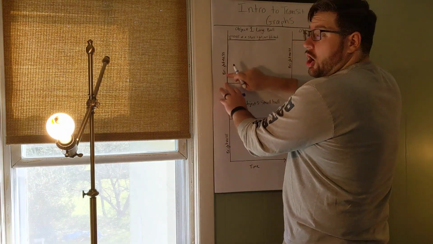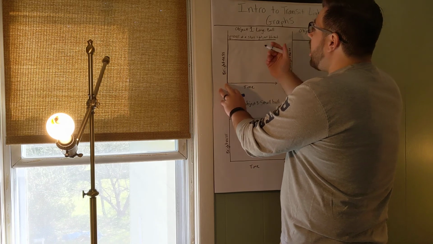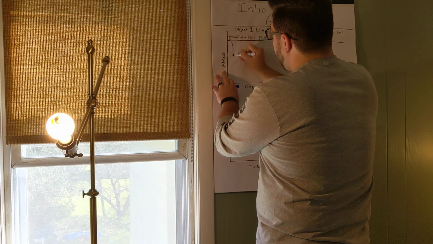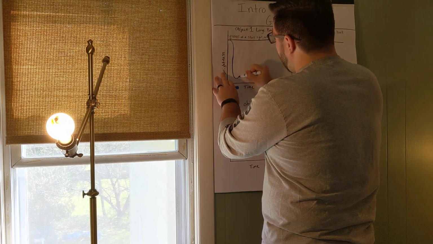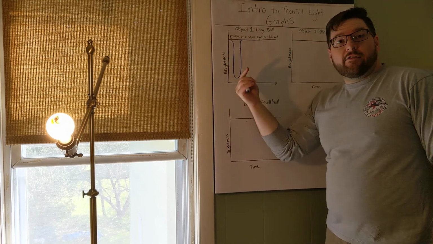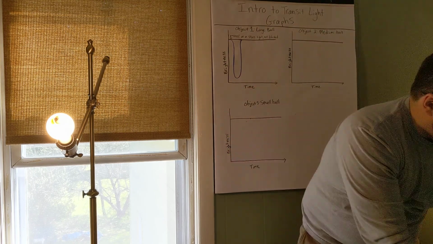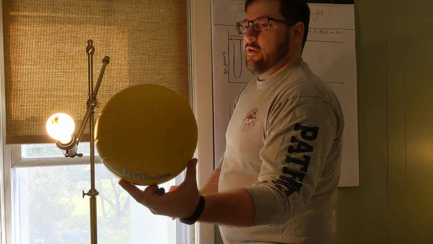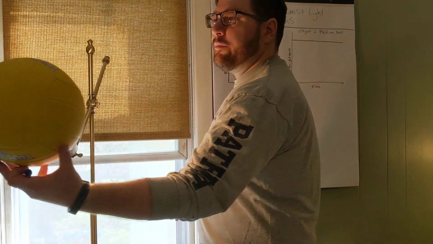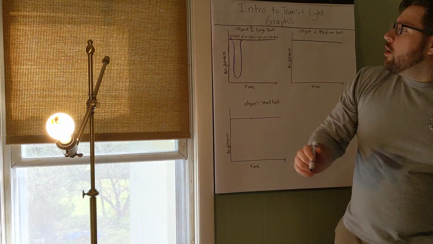If it's a really large planet, it's going to be blocking more light. You would see a dip that goes down really far and then comes back up as it comes back around, right? So this is now 100% of the light again, and as it passes in front, it's blocking that light.